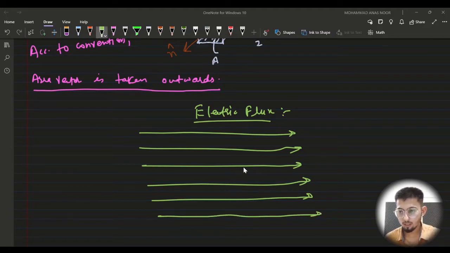This is the electric field. We have taken a small area, this area.